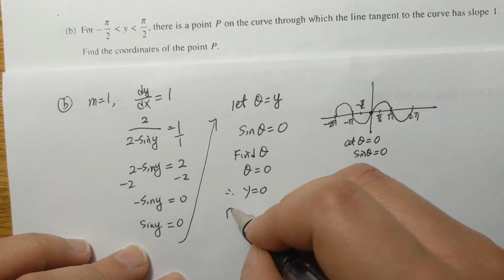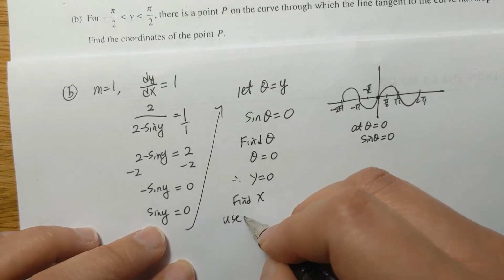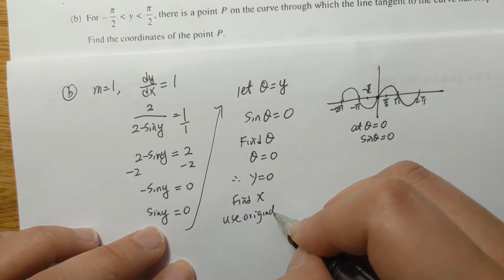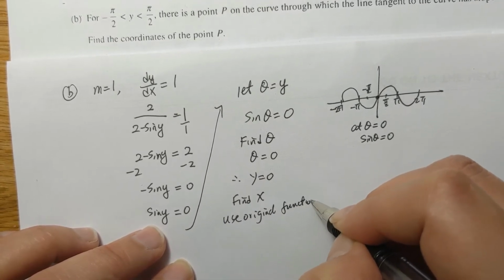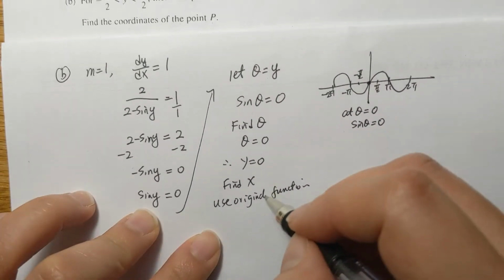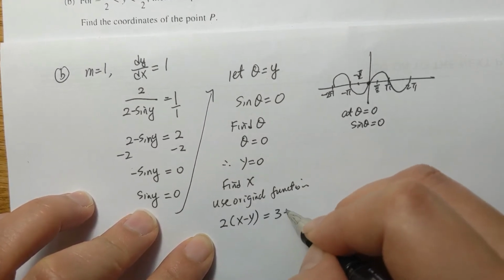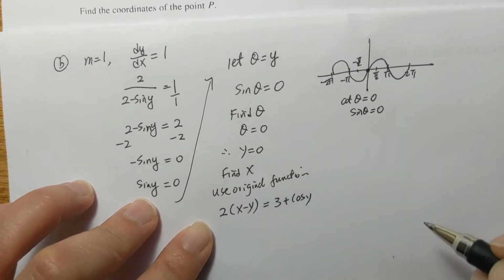So next, just find x. To find x, you always use the original function. So let's go back to the original function. So we got 2 times x minus y equal to 3 plus cosine y.